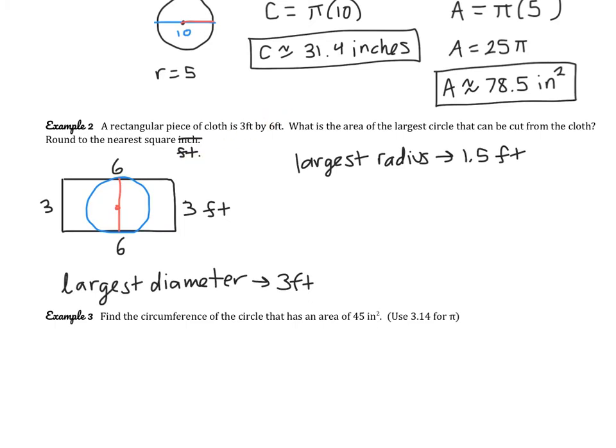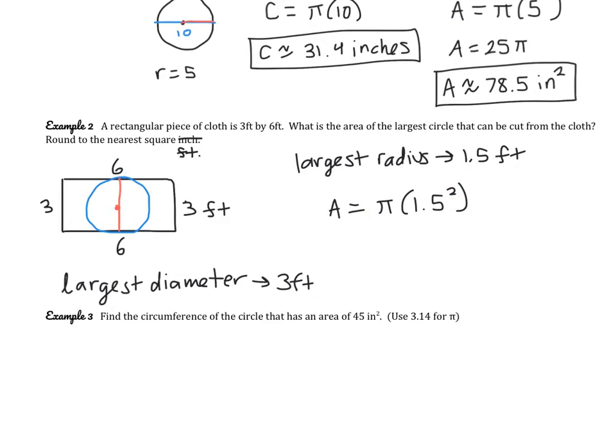Okay, so we know that our radius is going to be 1.5 feet, and they want to know the area of the largest circle. So let's use that in our formula. Area equals pi times our radius squared. Again, make sure you are squaring 1.5 and then multiplying by pi.